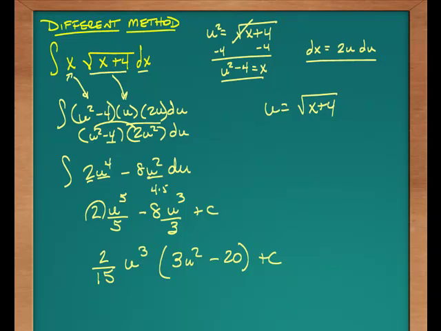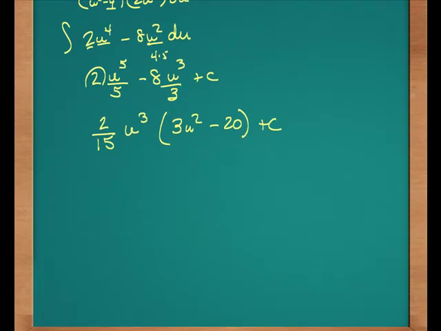And now let's drag our paper down here a little bit, and now we just replace the fact that u was equal to the square root of x plus 4 and replace them all. So we had 2 over 15, and remember that the square root of x plus 4 is x plus 4 to the 1/2. Well, we're now cubing that, and when you have a power to a power you multiply and you get 3/2.